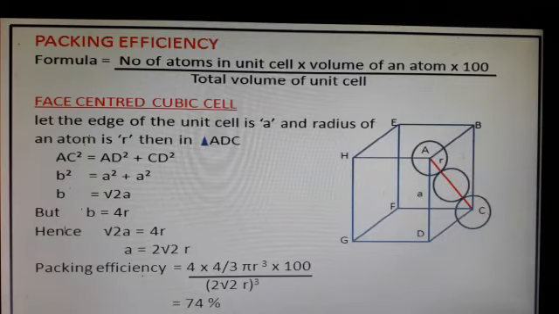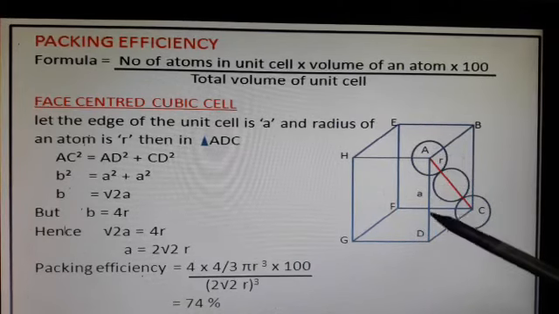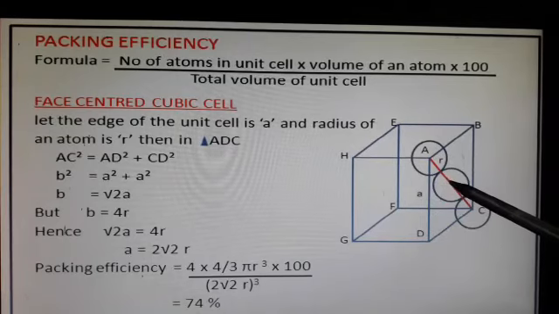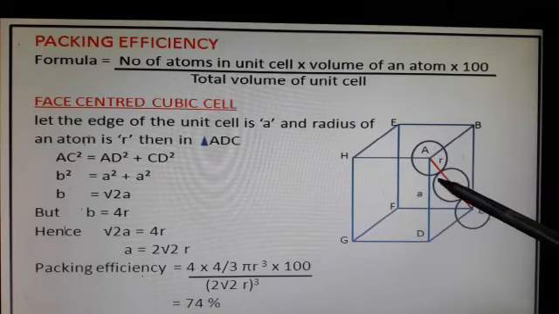Join A and C for our calculation. The radius of atom is R and the edge of cube is A. So in triangle ADC, in this triangle, you see this is a right angle. Okay, so if it is right angle, this one is perpendicular, this one is perpendicular, this one is hypotenuse, and this one is base.